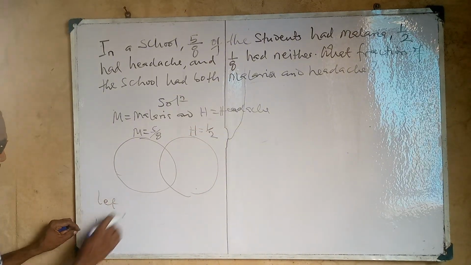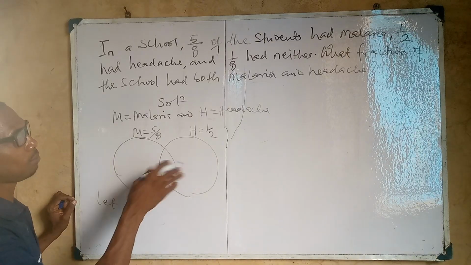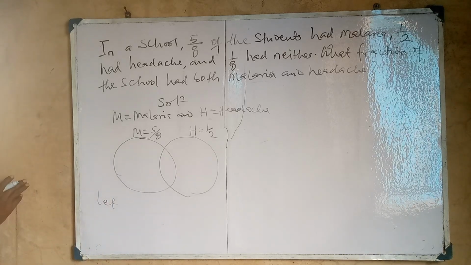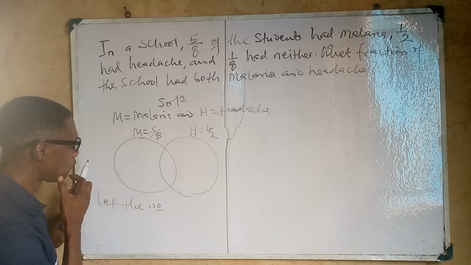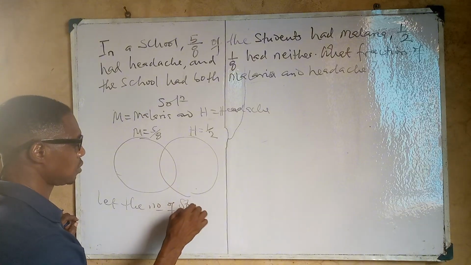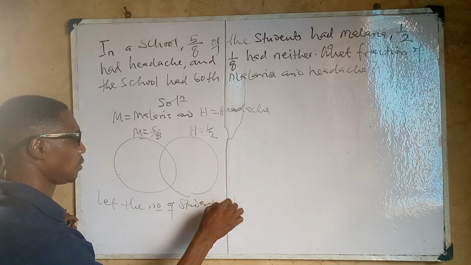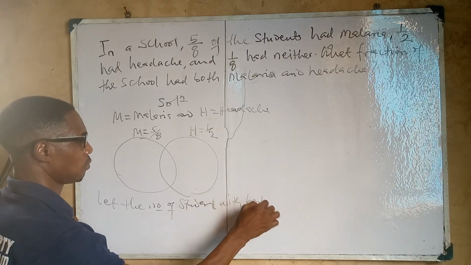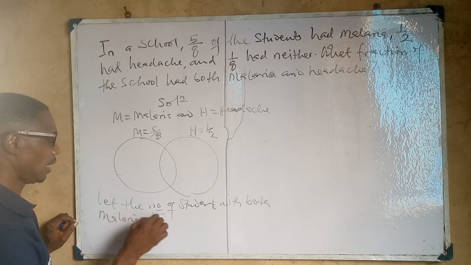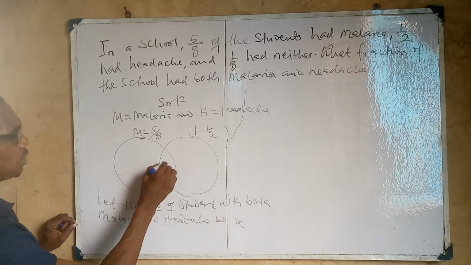Now let the number of students with both headache and malaria, which we are finding, be x. So put that in the middle.